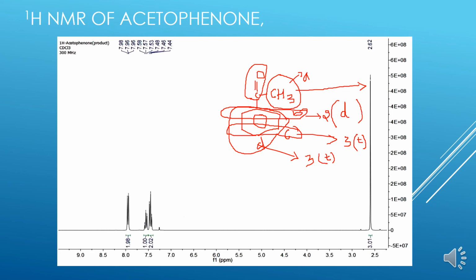Mainly because of these two reasons, aromatic protons are de-shielded and methyl groups are shielded, because in their proximity electron densities are more.